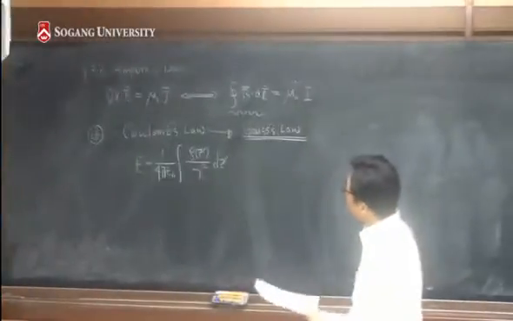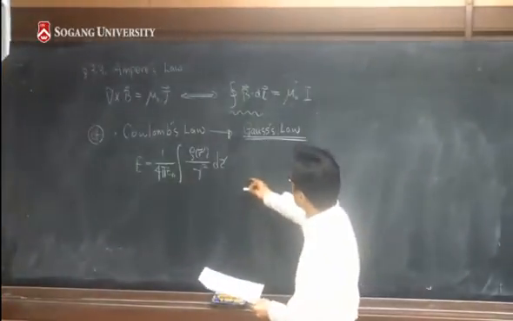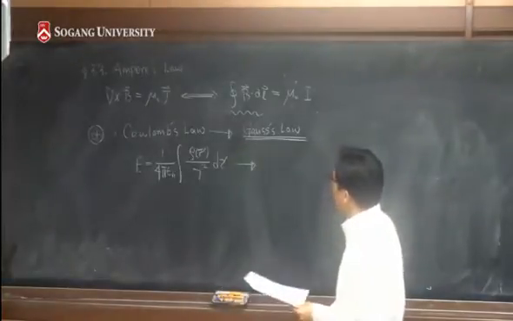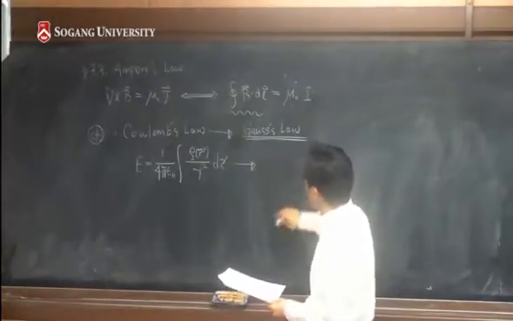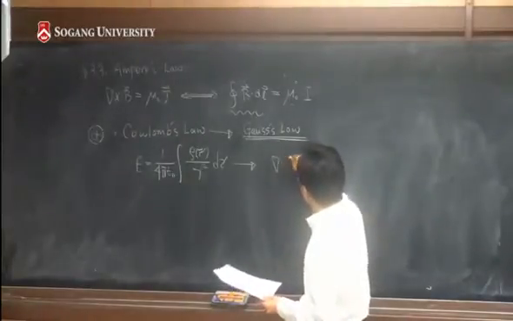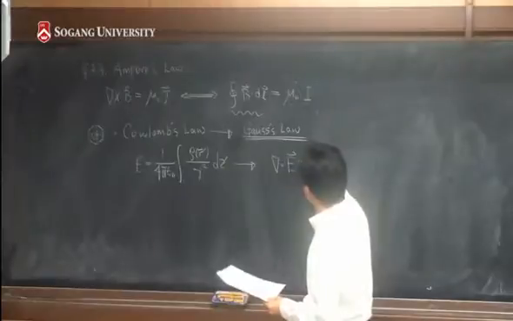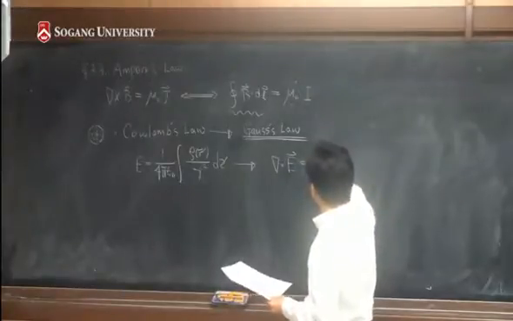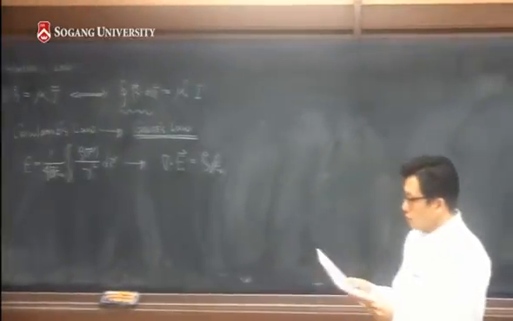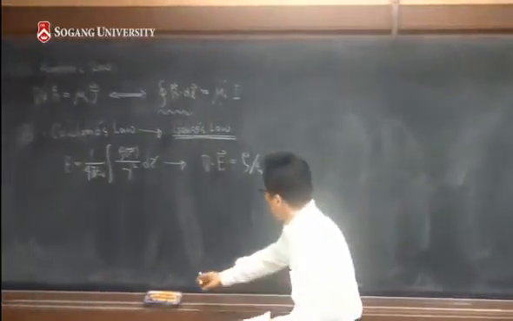And once we have Coulomb's law, we can have Gauss's law, which in the differential form is given as the divergence of the electric field equals the charge density divided by epsilon 0 for the case of free space.